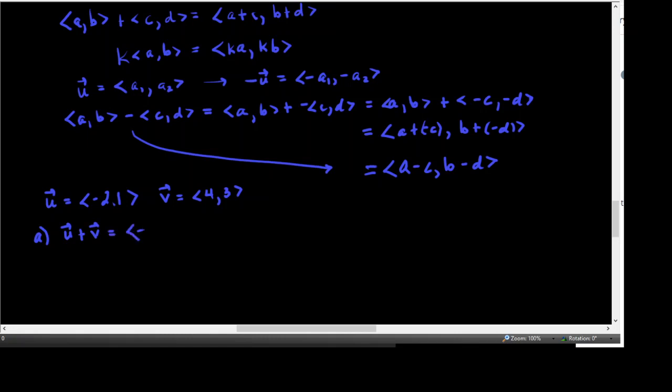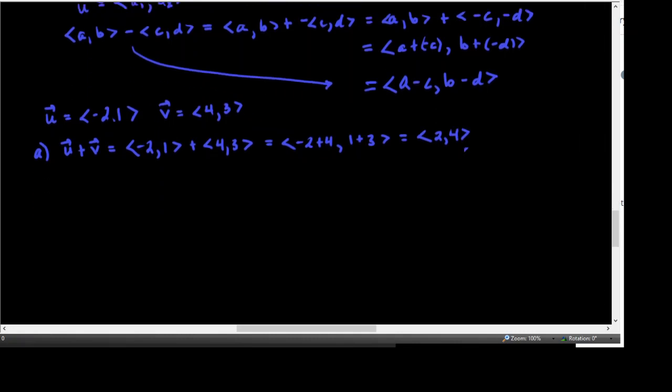So that's negative 2 comma 1 plus 4 comma 3, which is negative 2 plus 4 comma 1 plus 3. And that simplifies to be 2 comma 4.